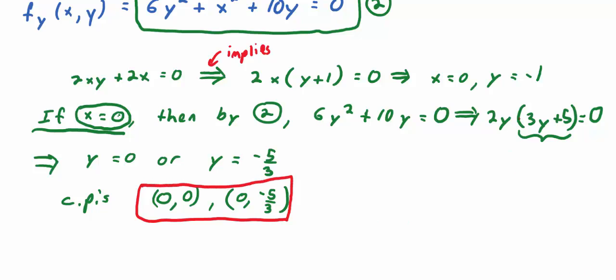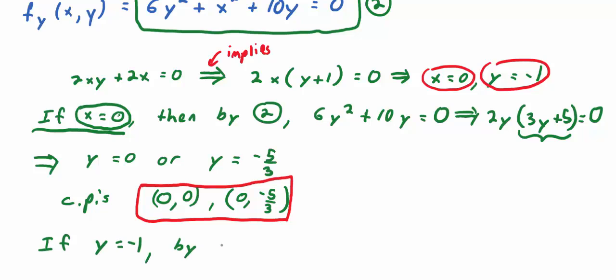We looked at the case when x equals 0. Let's look at the case when y equals -1. If y equals -1, then by equation 2 up here, we'll plug in -1 for y, and we get 6 plus x squared minus 10 equals 0.